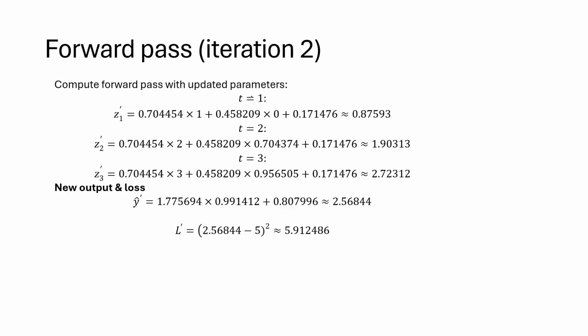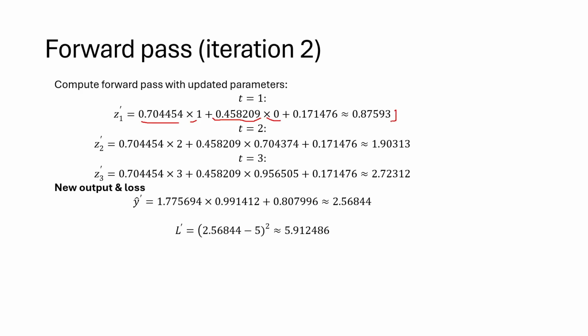So with these new parameters, we do a second forward pass. It's the same thing. We multiply the input by the weight, and the previous one, 0 at t1, because there is no previous hidden layer, multiplied by the new weights of the hidden part plus the bias.